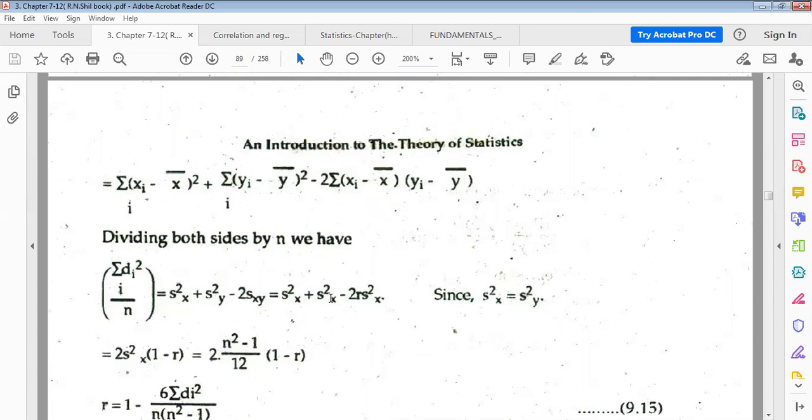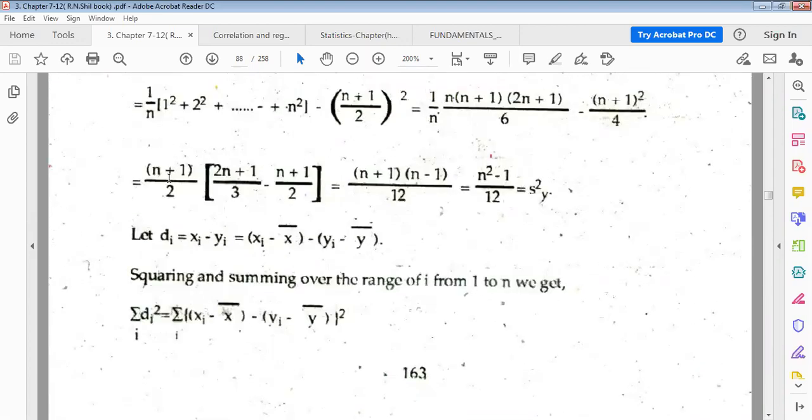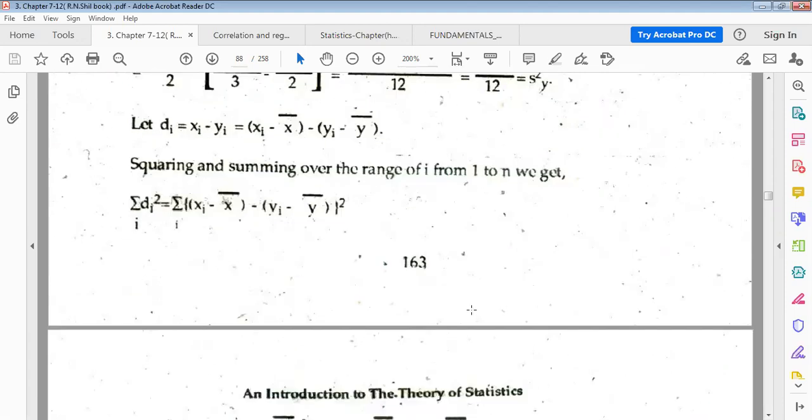Now sx whole square plus sy whole square: sx whole square and sy whole square are the same, the same standard deviation for x variables and y variables.